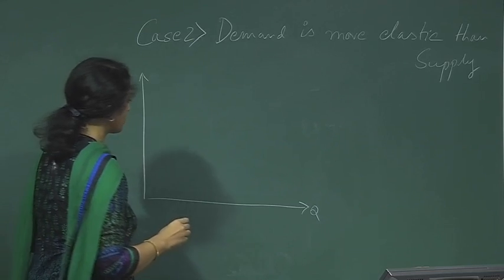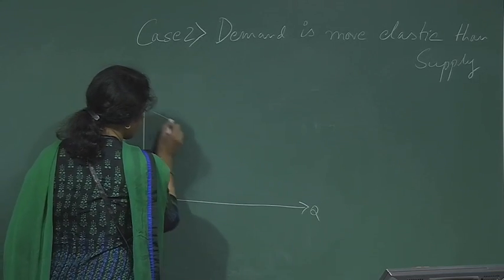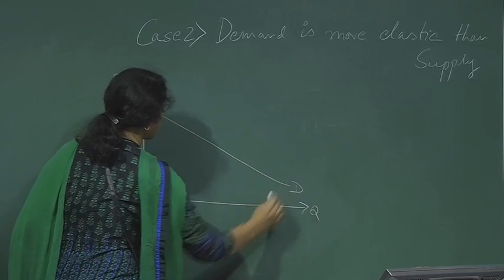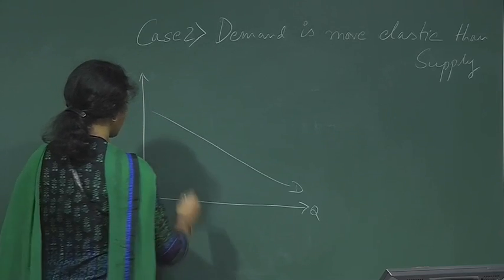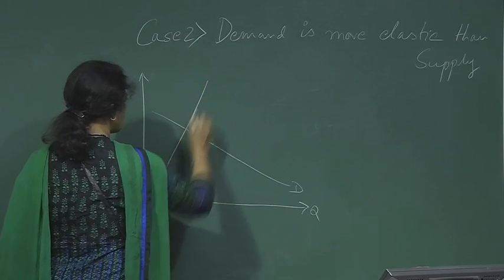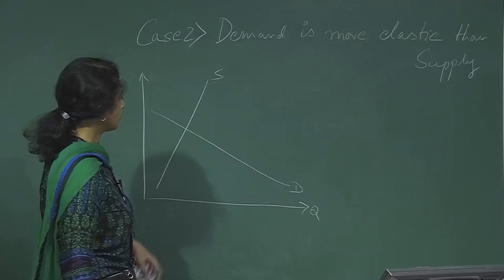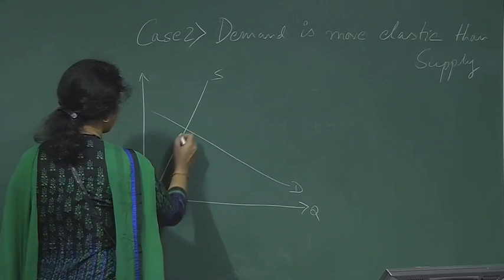So demand is more elastic than supply, that means we have a very flat demand curve and we have a steep supply curve.